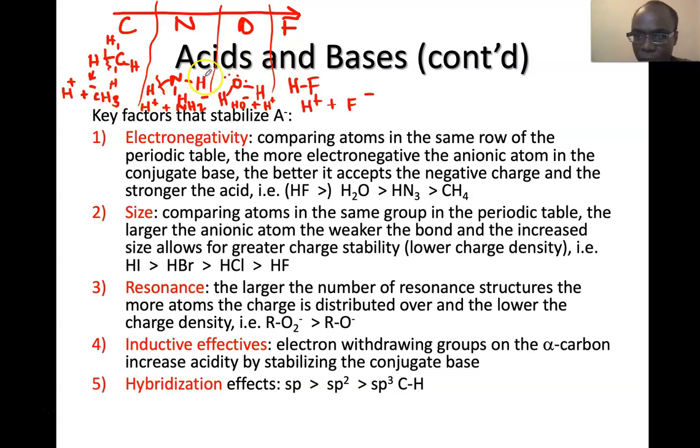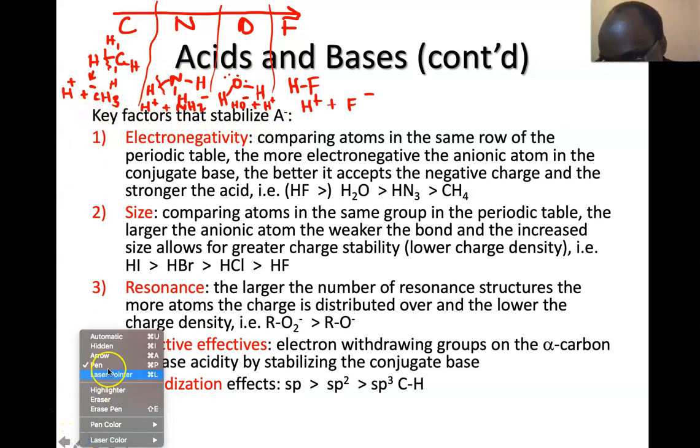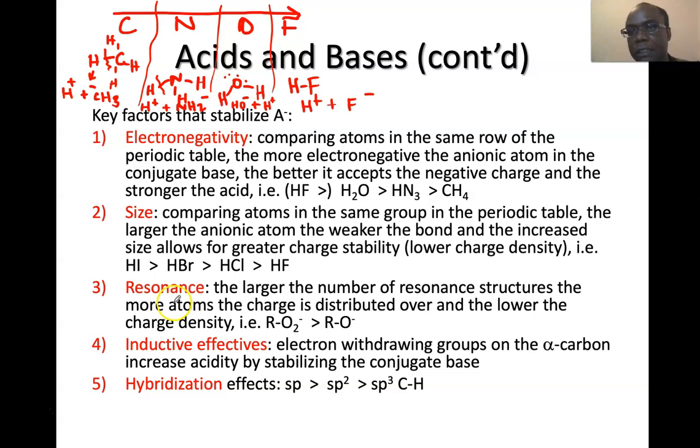So the point I want to make is this: whenever you are deciding which is the conjugate base, which of course is what's left with the negative charge, you can consider electronegativity, because now I have this as my generic anion. Remember we said if you have HA, you get A minus and H plus.